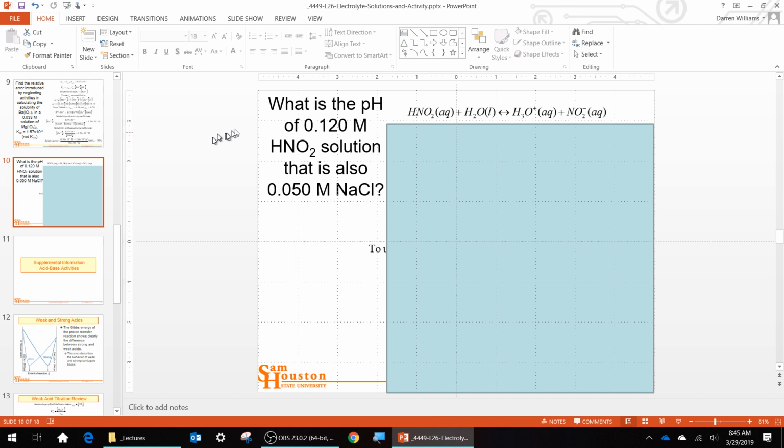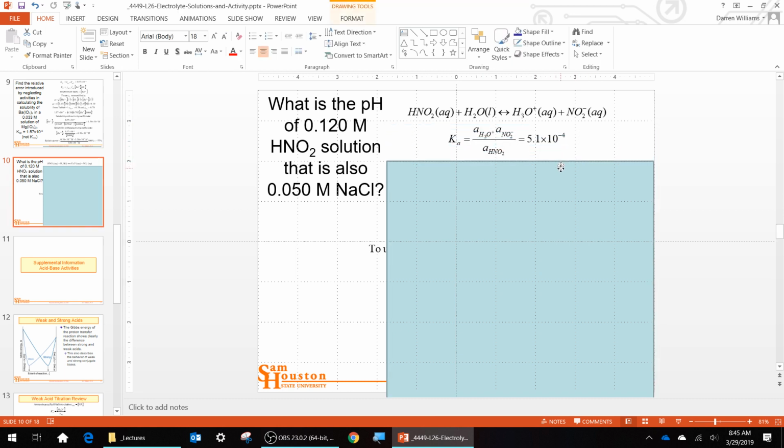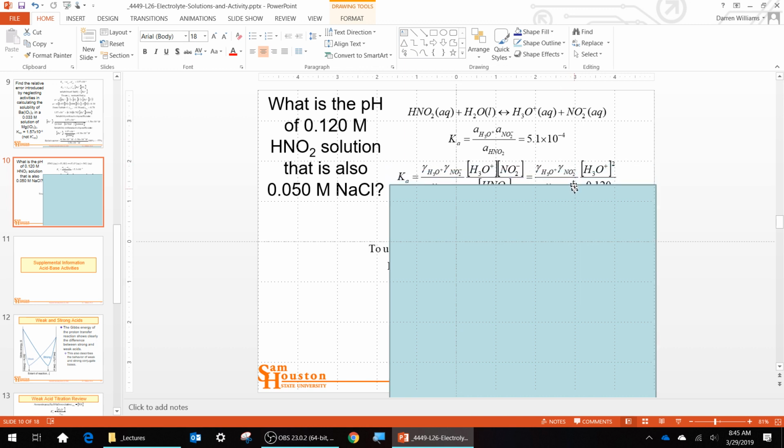So it's going back through the ICE table problems. We have nitrous acid and water giving hydronium ion and nitrite ion. And here's our acid constant. This is the thermodynamic equilibrium constant using activities, and here's the Ka for that nitrous acid.